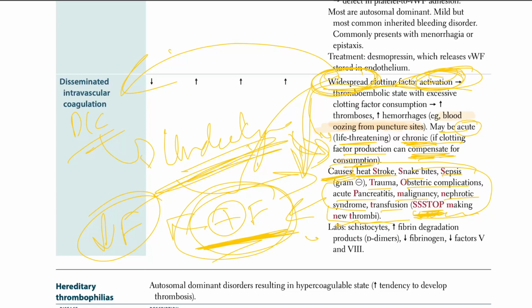What are the labs? The labs are schistocytes, increased fibrin degradation, D-dimers, decrease in fibrinogen, decrease in factor 5 and 8. No, 8 actually, my bad. 5, 6, 7, 8. Yeah, factor 8.